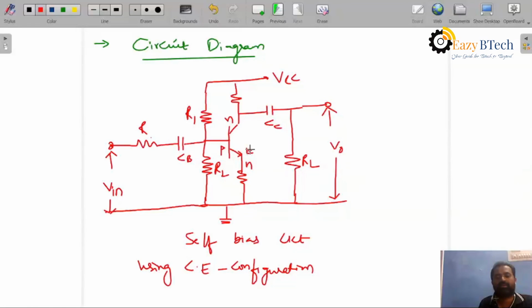It is the emitter, it is the collector, it is the base. These are R1 and R2. R1 and R2 are known as biasing resistors.